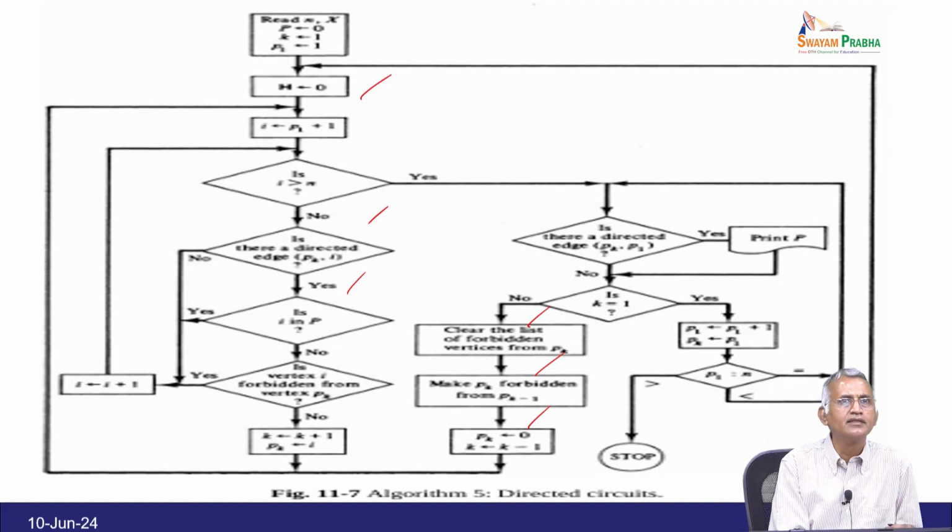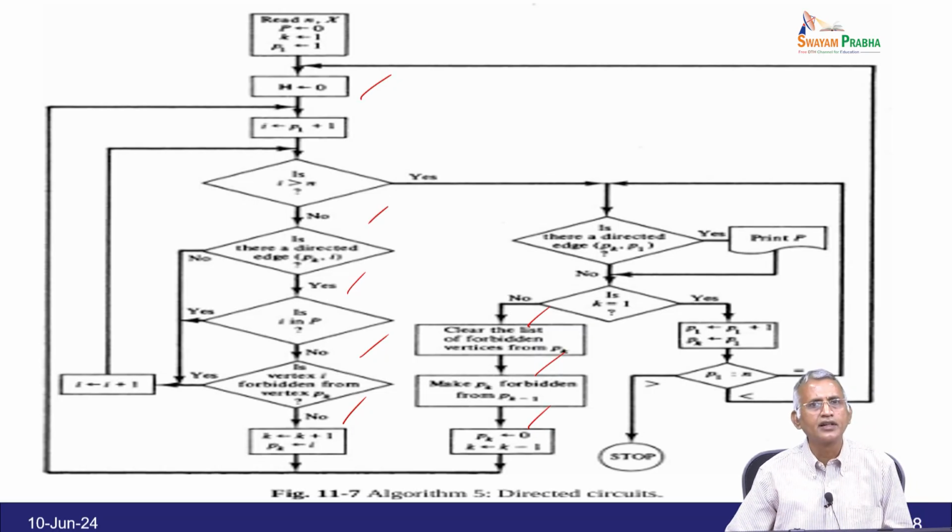Is this directed edge pk, I? No, then you have to go further I equal to I plus 1. Is I in p? Yes, then once again go to I equal to I plus 1. Is the vertex I forbidden from the vertex pk? If yes, go to I equal to I plus 1; no, then k equal to k plus 1, and pk you have to count and proceed p1 plus 1, p2 plus 1 and so on, and go ahead. Then if the final is reached, stop the iteration. So this way we can find the directed circuits.